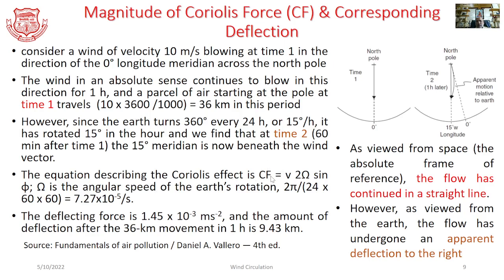By making use of this expression, velocity is 10 meter per second, angular speed is worked out as 7.27 into 10 raised to minus 5. Sin phi being 90 degrees, it will be 1. Hence, this deflecting force can be quantified to be 1.45 into 10 raised to minus 3 meter per second square.